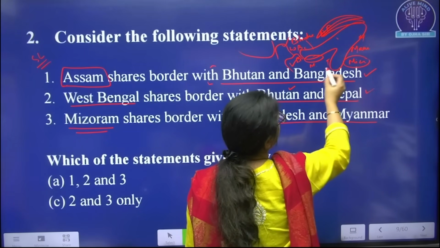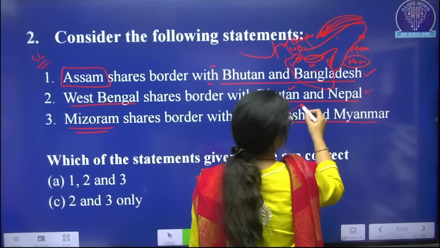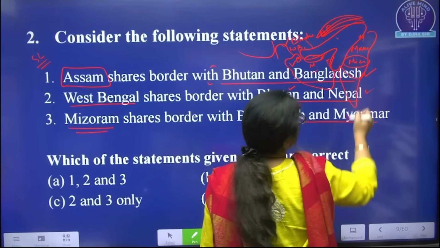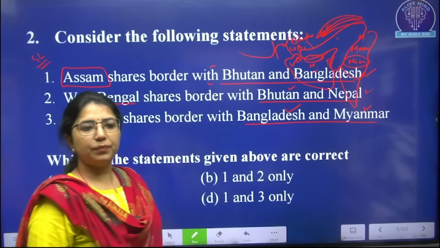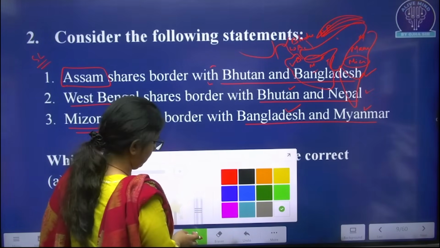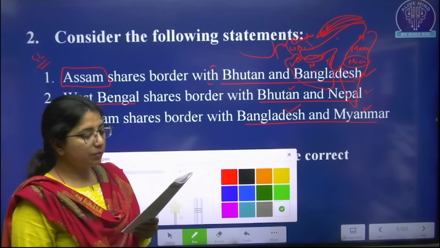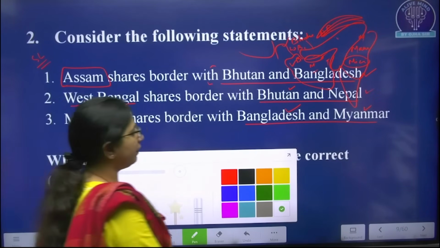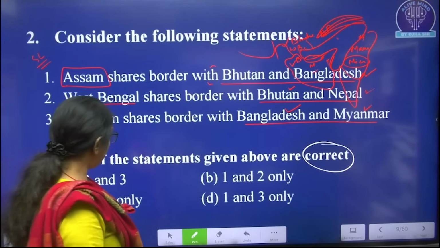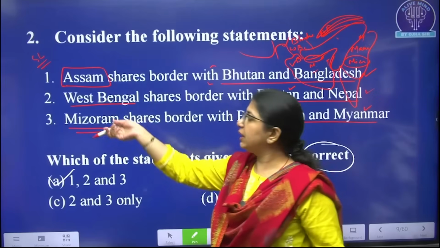It is sharing a border with Bangladesh because all of Bangladesh is here. Yes, Bangladesh is right. And then Myanmar, this side, it is all Myanmar. This is also right. So, what they have asked is, which of the statements given above are correct? They have asked for the correct statements. So, the answer is A, 1, 2 and 3. All the statements are correct.